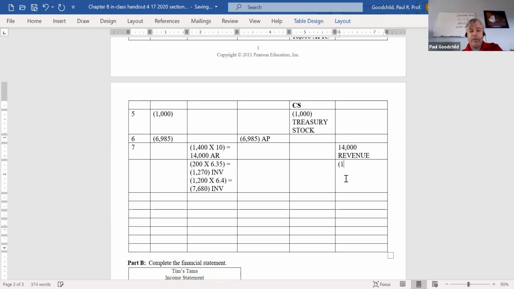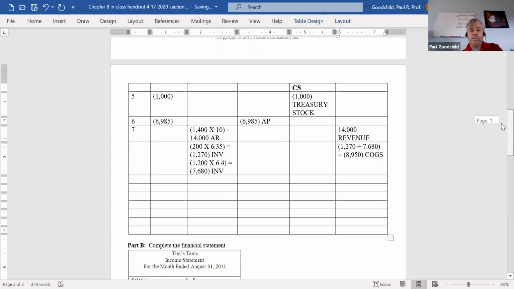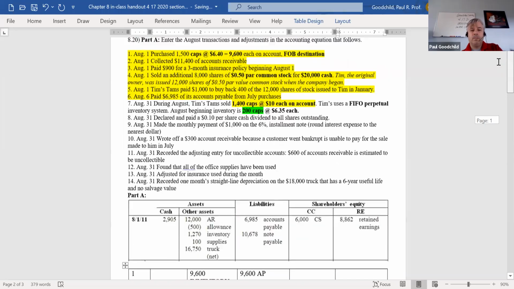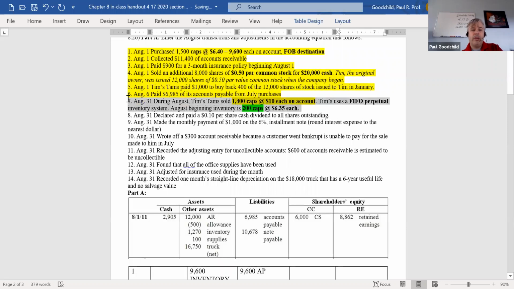And then we add the 1,270 plus the 7,680. And that's 8,950 cost of goods sold. Okay, so now we've completed that entry.